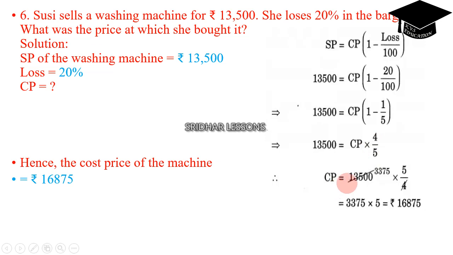Therefore cost price is equals to 13,500 into the reciprocal, 4 by 5 will be converted as 5 by 4. Upon cancellation the cost price can be 16,875 rupees. Therefore, the cost price of the machine is equals to 16,875.